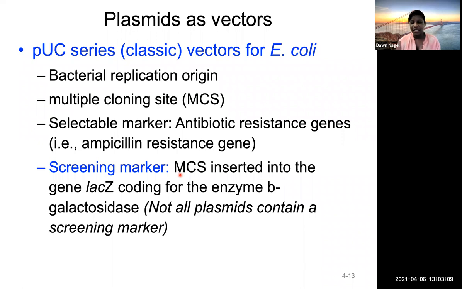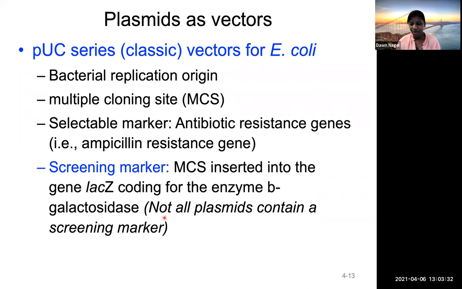And this is a way to quickly figure out not only if your transformation work, right? Because that's what your selectable marker is going to tell you, did my transformation work? What the screening marker tells you is whether or not your piece of DNA has inserted into that multiple cloning site that you want it to be in, okay?